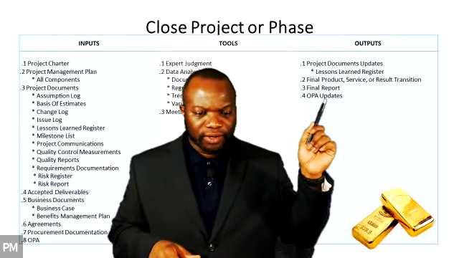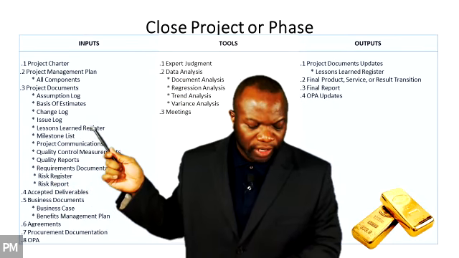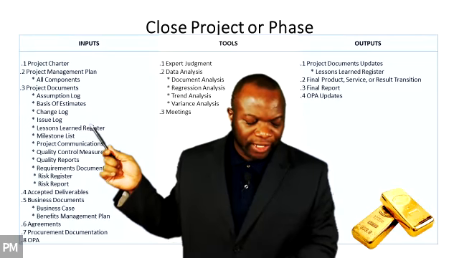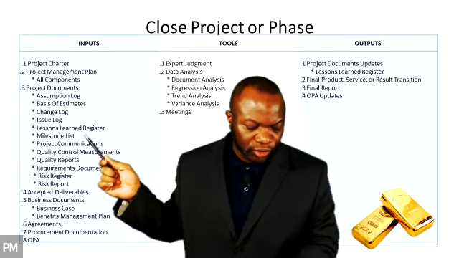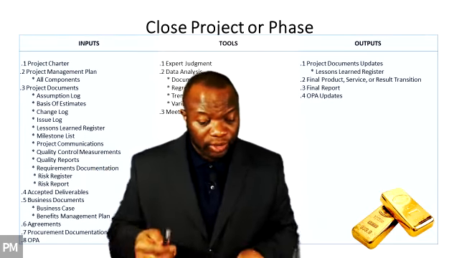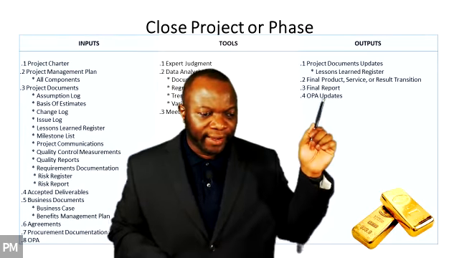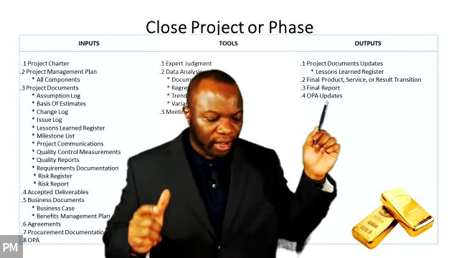Let's read. The lessons learned in the phase or project will be finalized. You see, you're trying to finalize all these things, but this one definitely needs to be finalized. So it comes in here. You're going to finalize it before entering the lessons learned register into the lessons learned repository. Where is the lessons learned repository? It is right here as an OPA update.